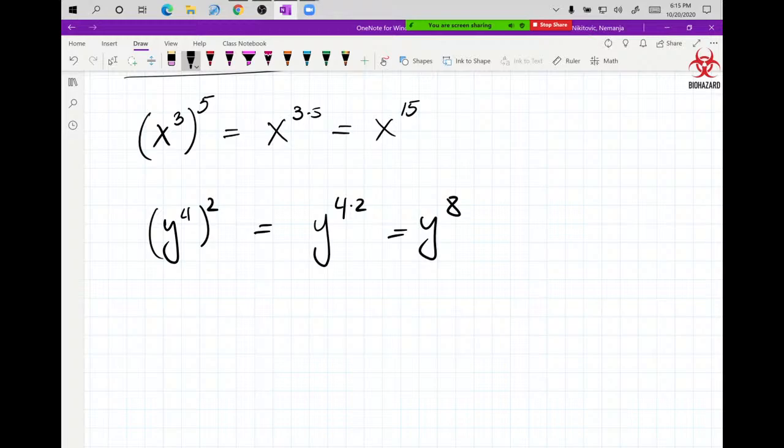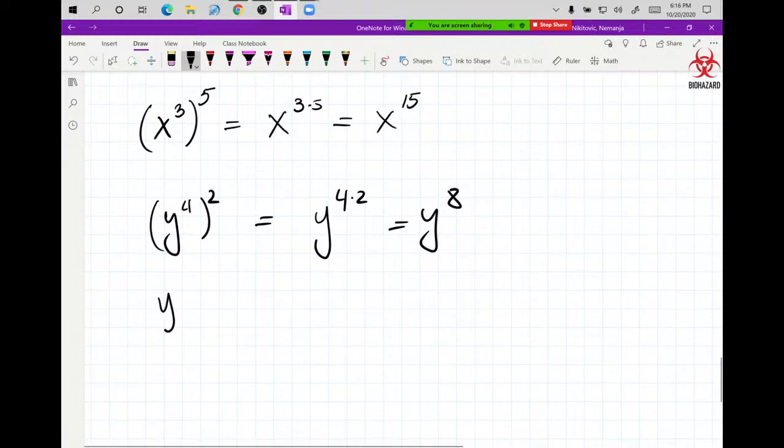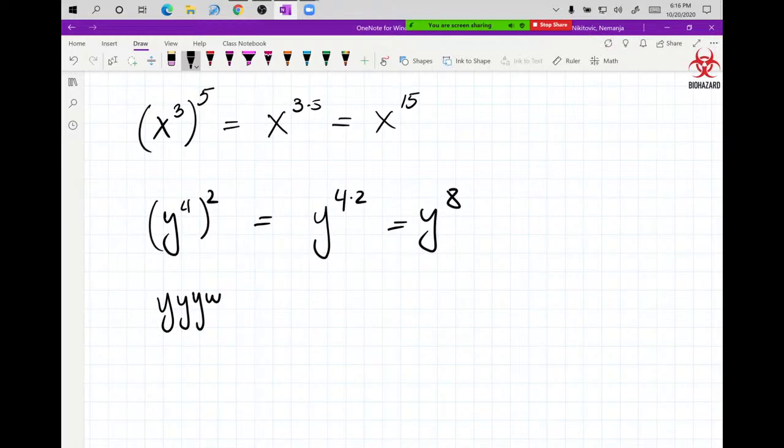Right, that's that. Now, what I want to do with this one is explain why this works. So, how many y's do I have? I have 4 y's. And that needs to be squared, which means that you have to multiply this by itself.